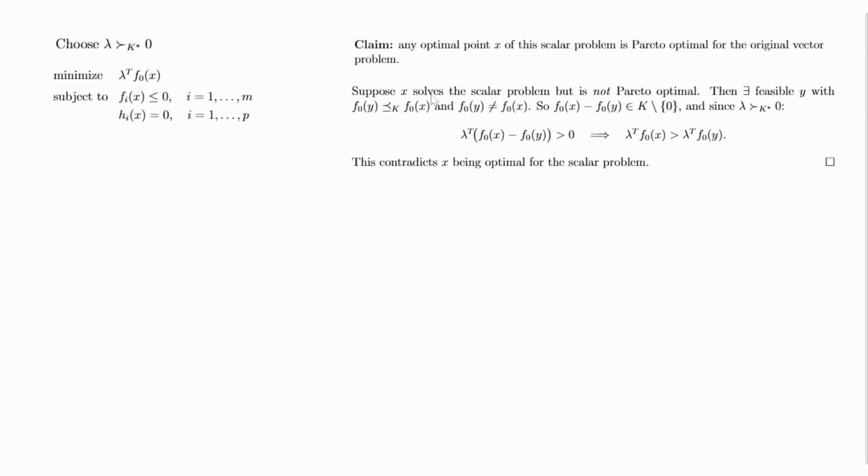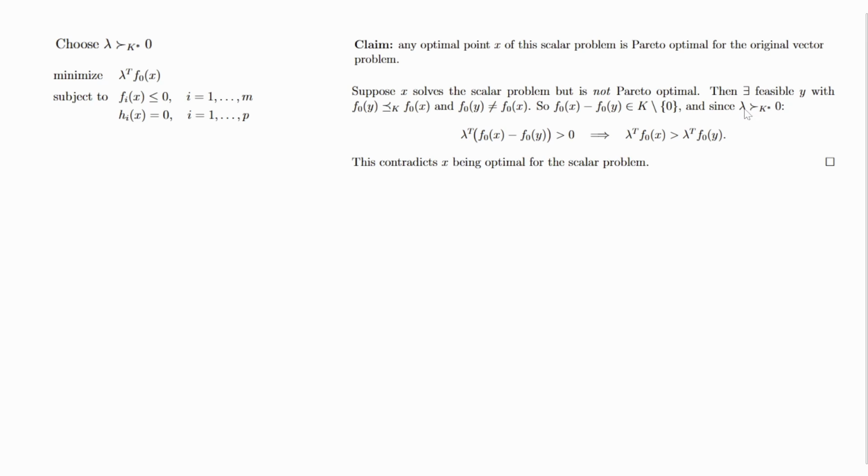Why is this true? Because x is not Pareto optimal, so there must exist a better solution, y. Okay, so that means that f0(x) minus f0(y) is in the proper cone K, not including 0, because they're not equal.